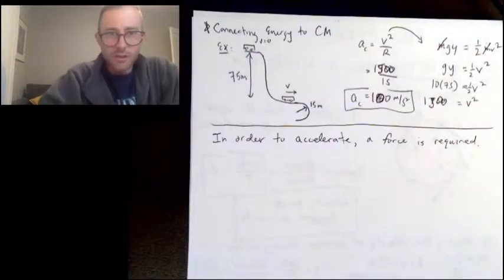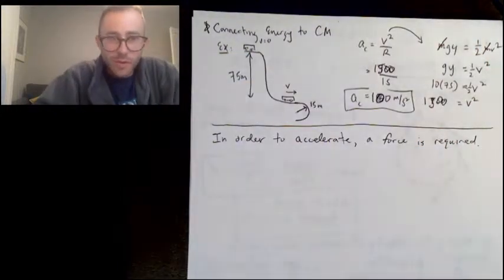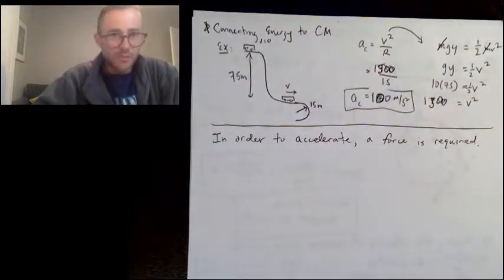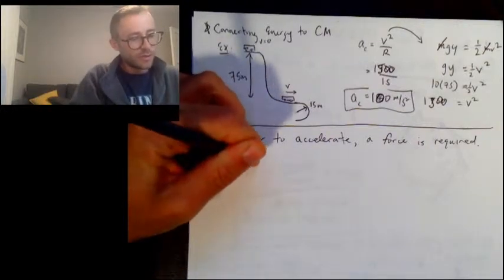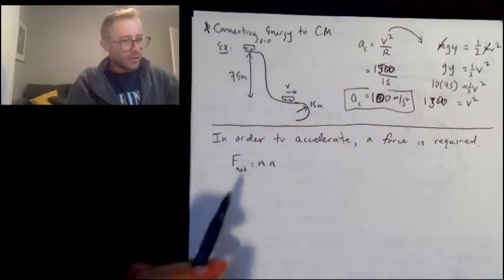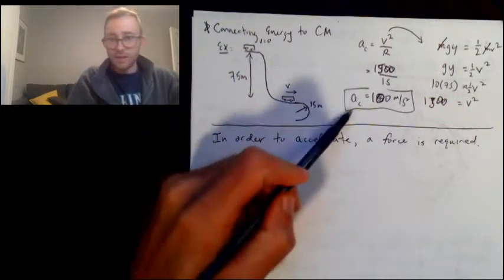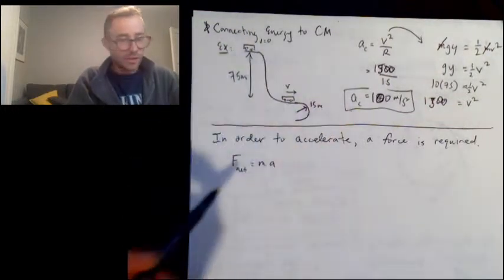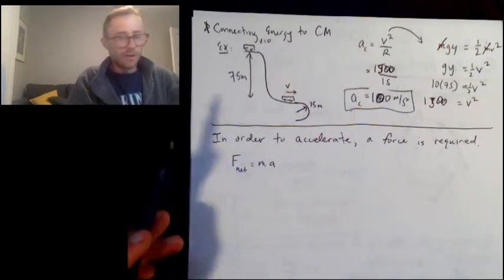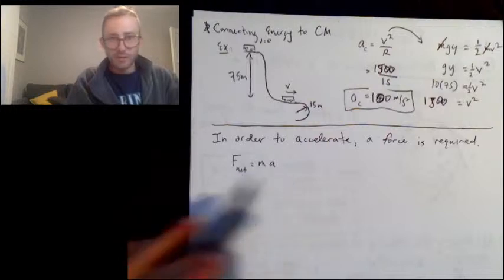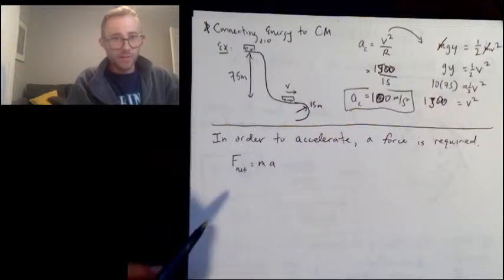You cannot accelerate without a force. That's what Newton's second law says. Newton's second law says net force equals ma. So if your acceleration is not zero, which is the case in centripetal acceleration, then there's a net force acting on you, okay? So that's from Newton's second law, okay?